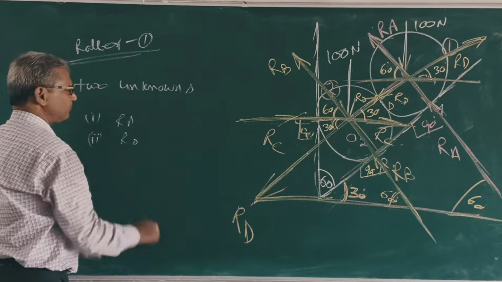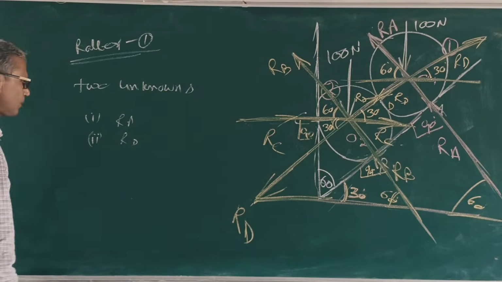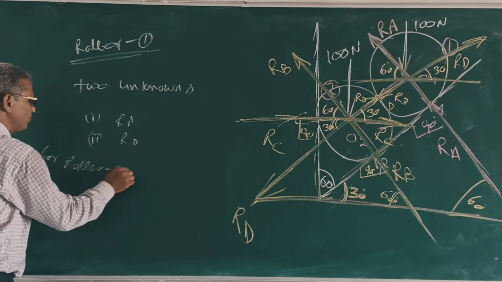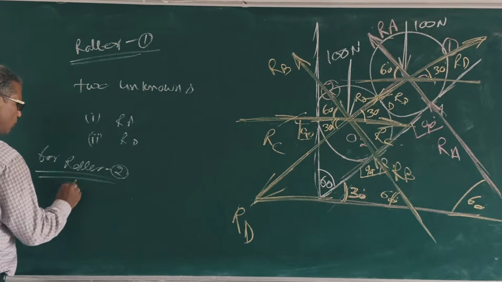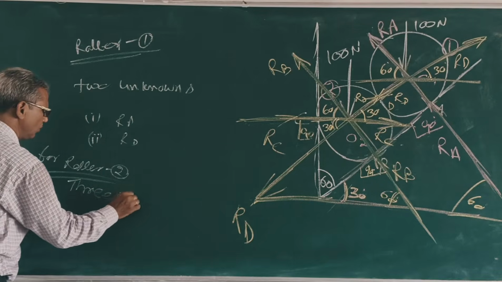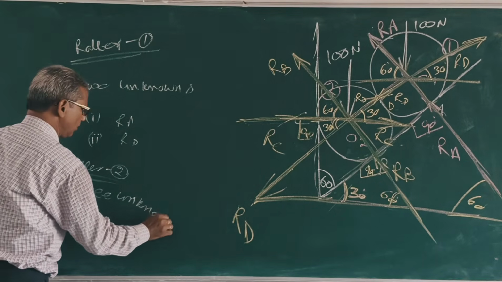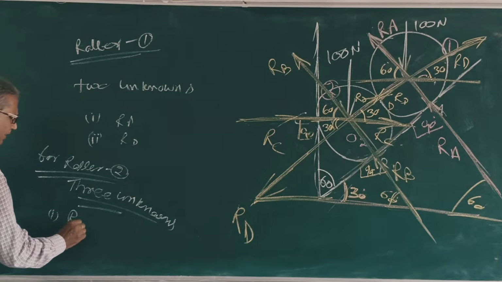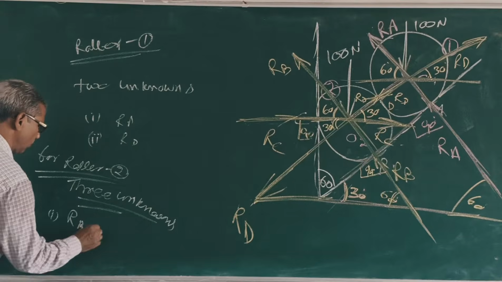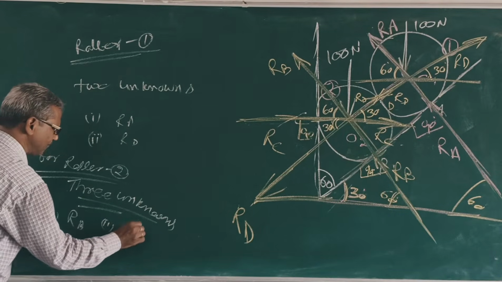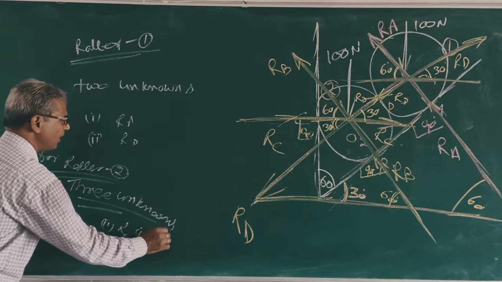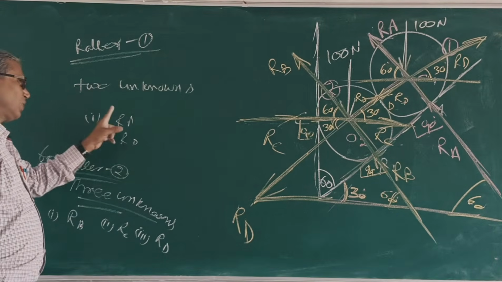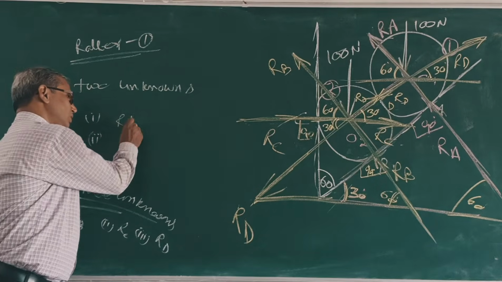For roller 2, there are 3 unknowns: number 1, RB, number 2, RC, and number 3, RD. Clear? For roller 1, 2 unknowns. For roller 2, 3 unknowns.